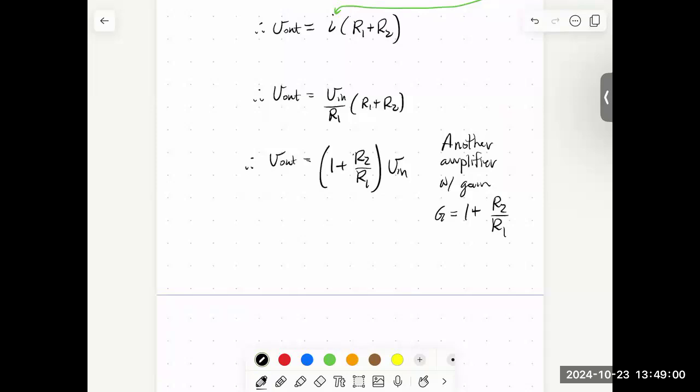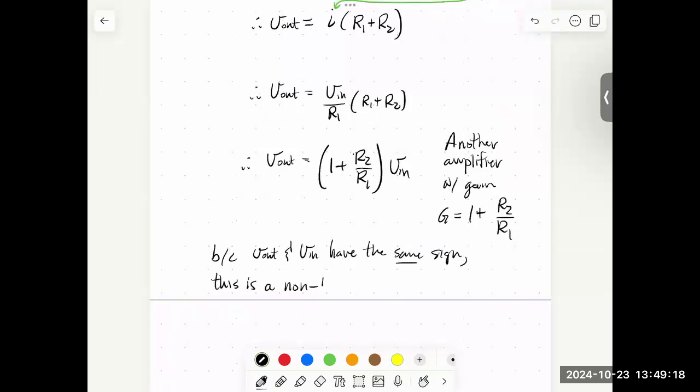So this is called a non-inverting amplifier, because V out and V in have the same sign. There's one more difference, and I have 1 minute, so I could tell you the one difference.